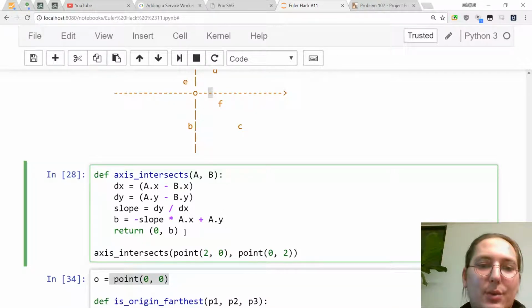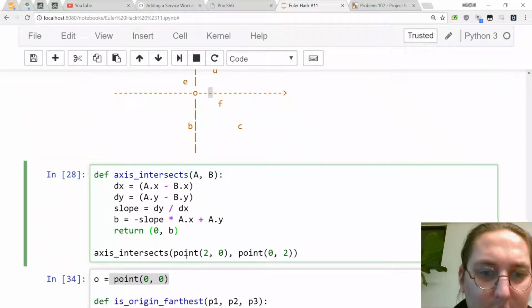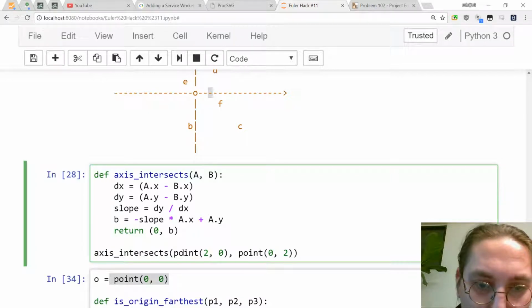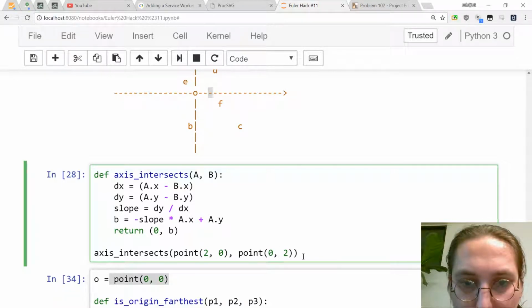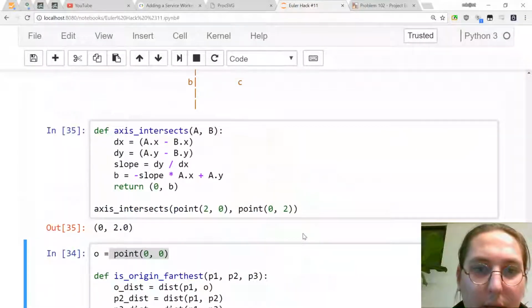Actually, let's just look at this one. So the y-intersect should return the same point here. No, should return this one. And it does.